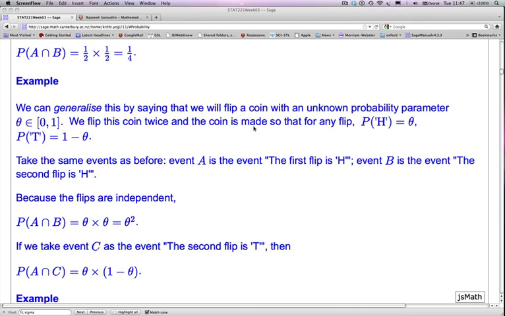So the probability of A intersection B is equal to theta multiplied by theta, which is now theta squared. If we take event C as the new event that the second flip is tails, then the probability of A intersection C is also equal to the probability of A multiplied by the probability of C, which is theta times 1 minus theta.